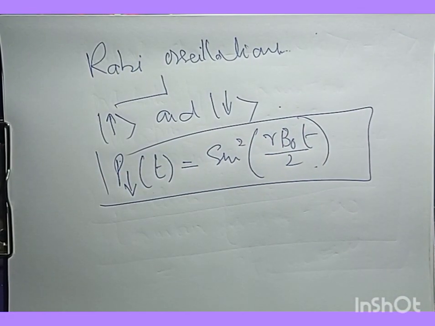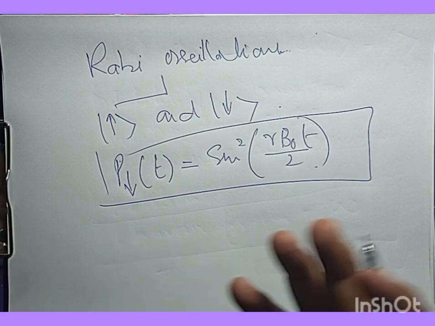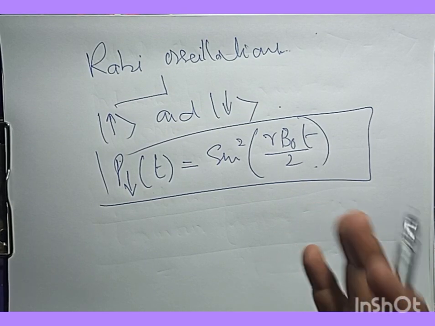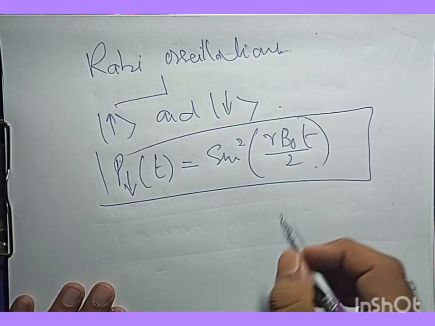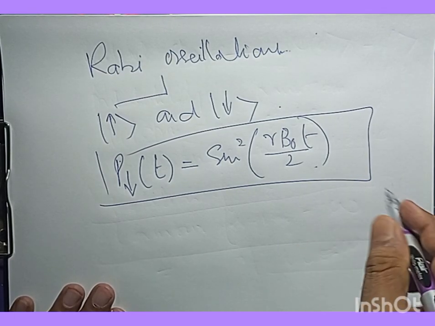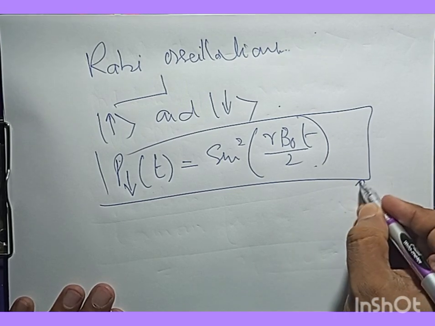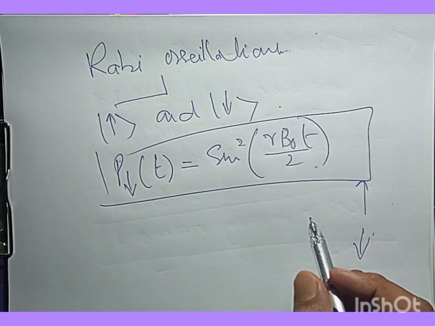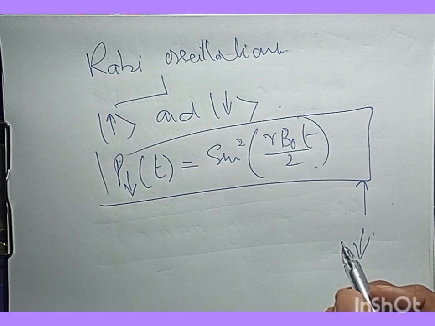So what am I trying to tell here? Let me go back. What I am trying to tell is that when the magnetic field rotates at the Larmor frequency, the electron's spin will oscillate between spin up and spin down states, with the probability of finding the electron in the spin down state oscillating as a function of time.